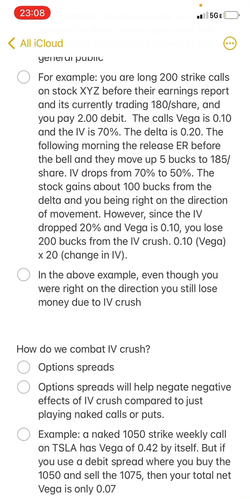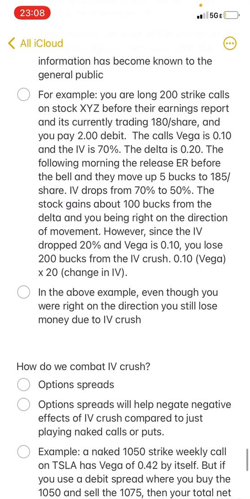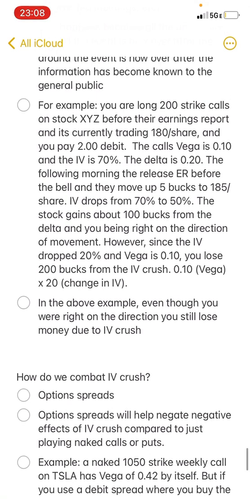So for example, and I did use the options chain for this a while back, so this is pseudo accurate. You are long 200 strike calls on stock XYZ, okay? Before an earnings report, and it's currently trading at 180, right? So you're doing a $20 out of the money strike call, okay?